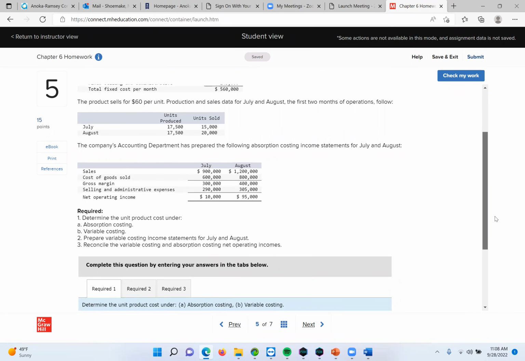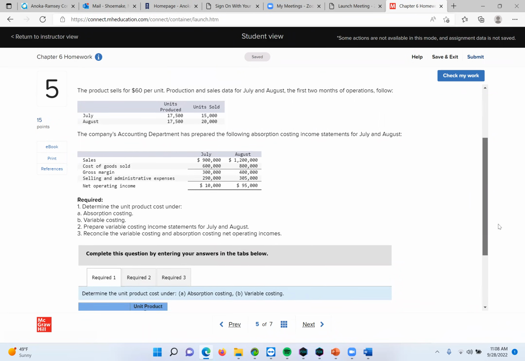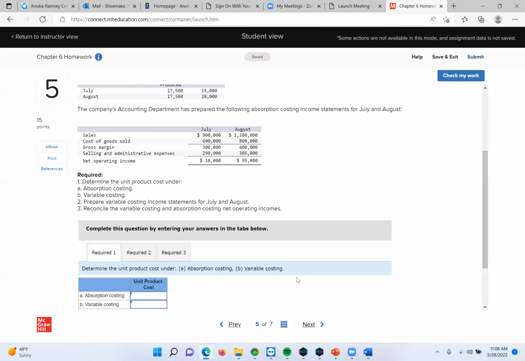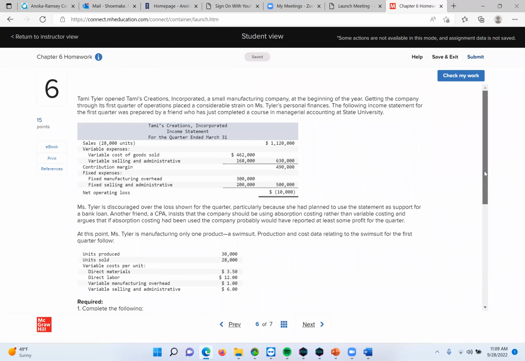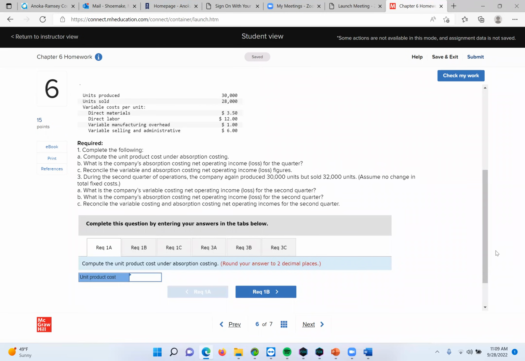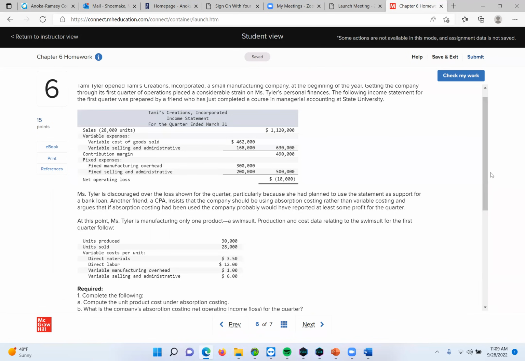Preparing product costs under both methods, and reconciling the numbers. Same thing. Guys, if you need help with any of these questions, feel free to email me and I can help get you on the right path.